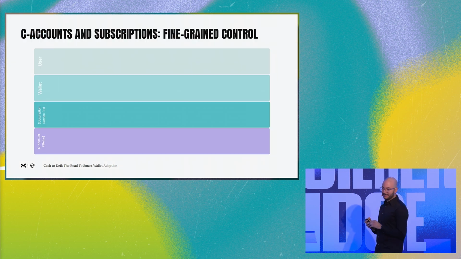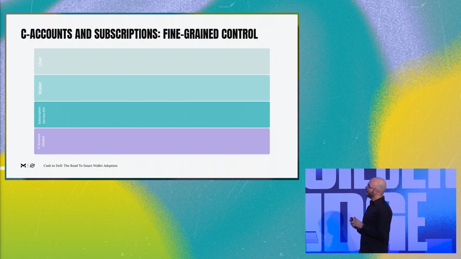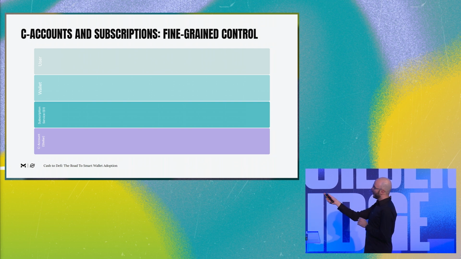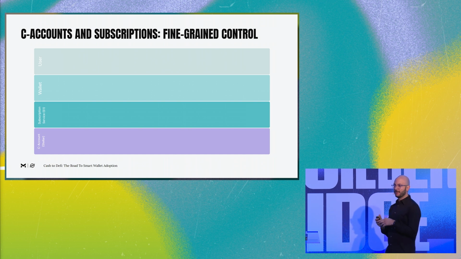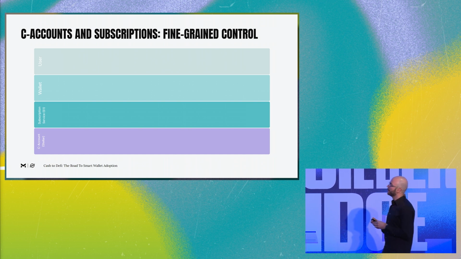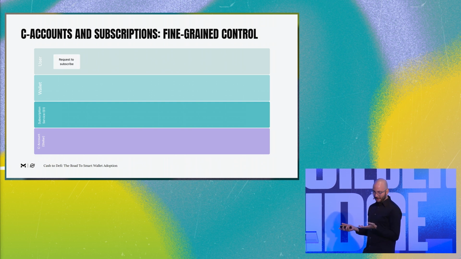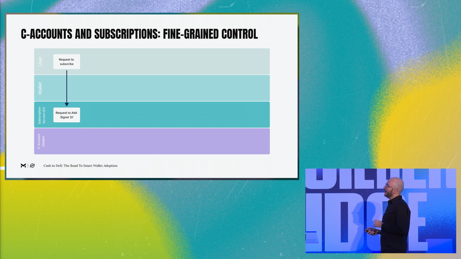So going back to my example, say you have a user, a wallet, a subscription, but the underlying account that you're using for this type of subscription is now a C account. So it's actually defined in a smart contract. Again, you're familiar with that. The user requests to subscribe. Now, the subscription again requests, hey, I want to be a signer in the account.